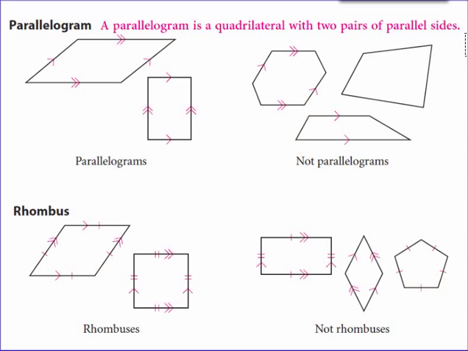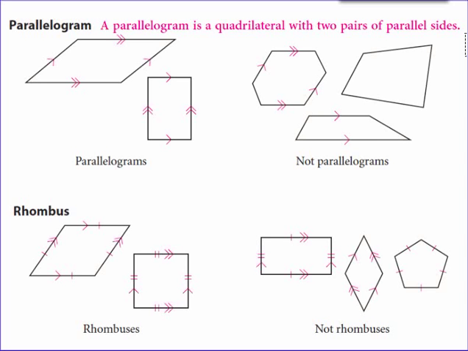A parallelogram is a quadrilateral with two pairs of parallel sides. So once again, you could abbreviate quadrilateral as quad, two with the number 2, and then parallel with the symbol for parallel. Basically, I think of a parallelogram as a slanted rectangle. Okay? Slanted rectangle.